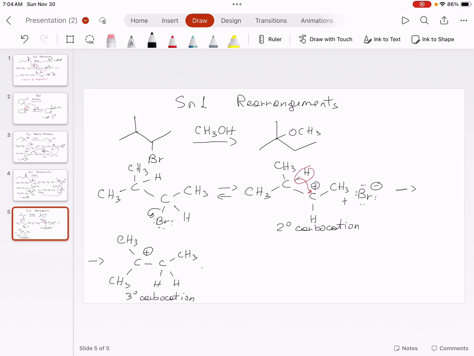In the final step, we follow the standard SN1 mechanism, where our weak nucleophile attacks the carbocation. This will give us the final product in two steps.